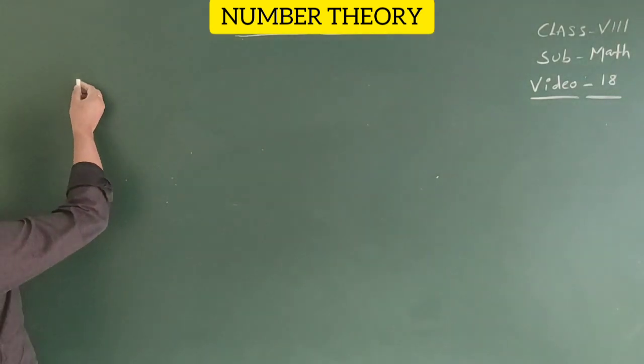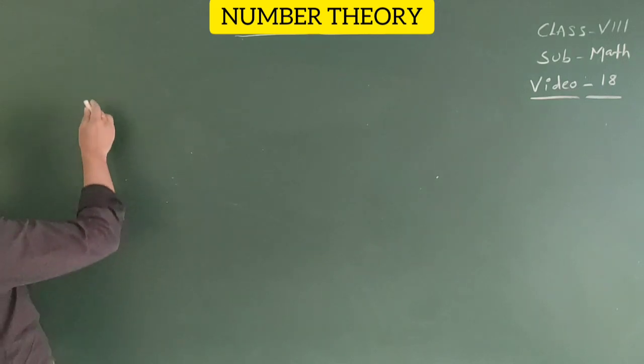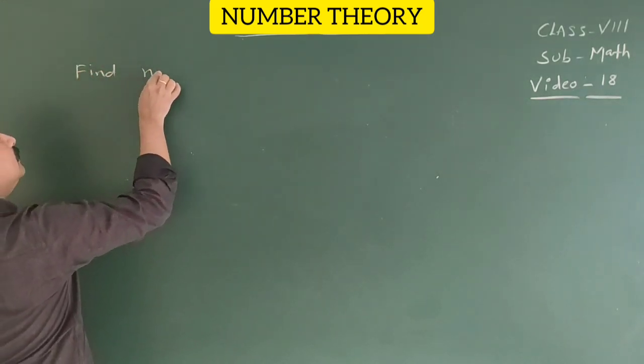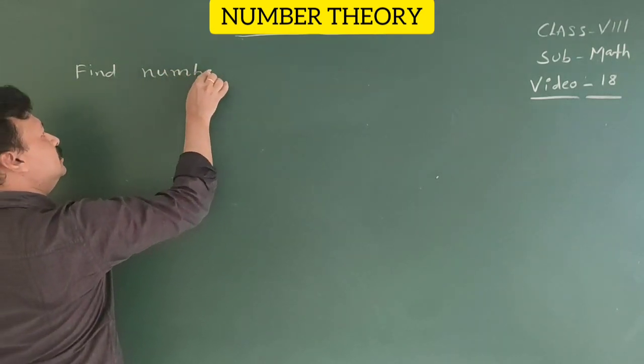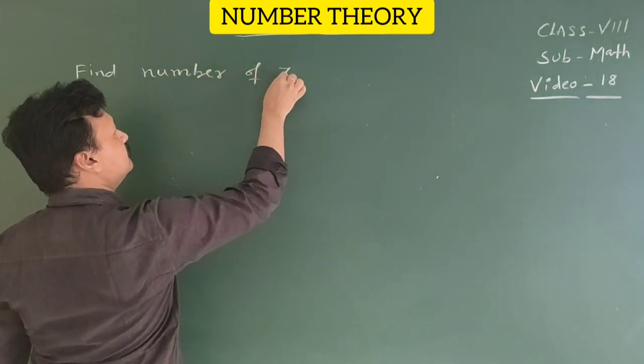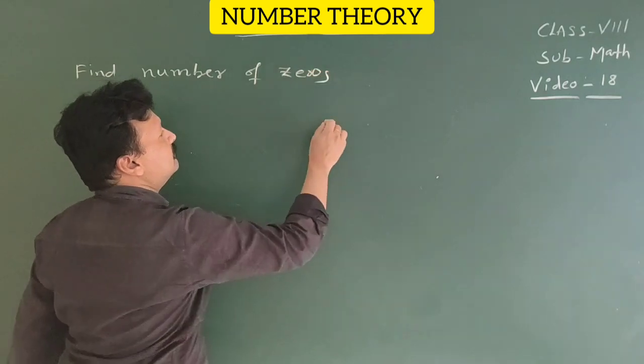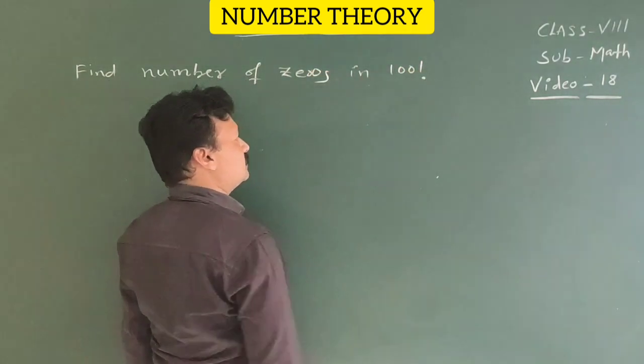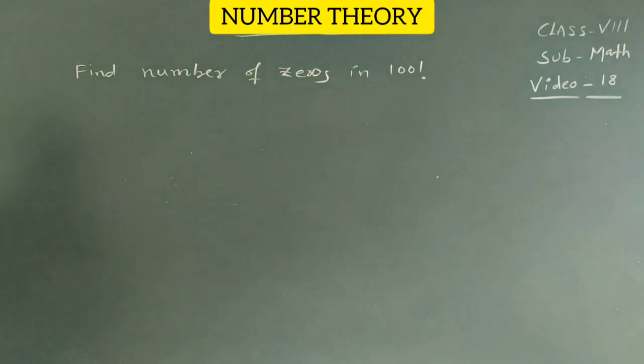Now, find the number of zeros in 100 factorial.